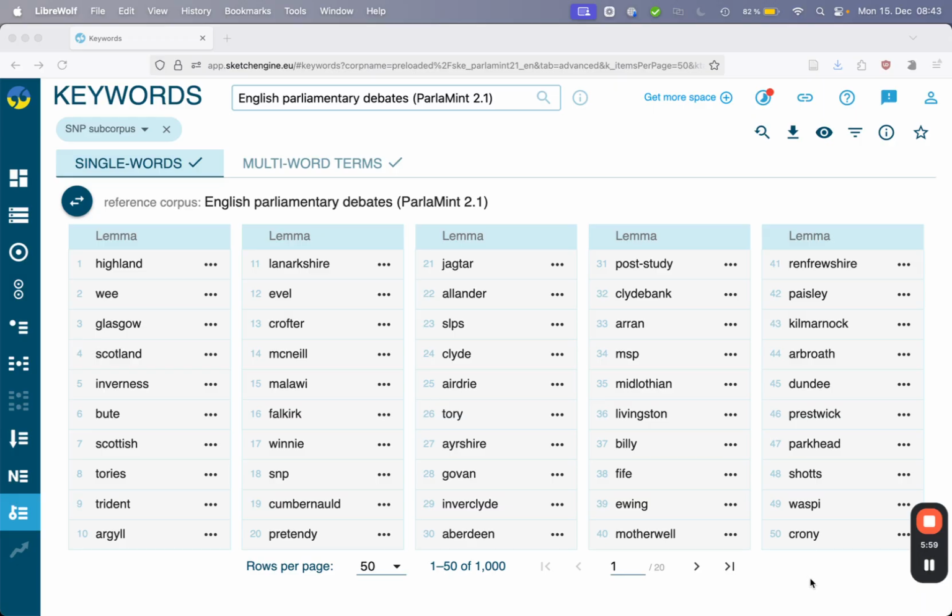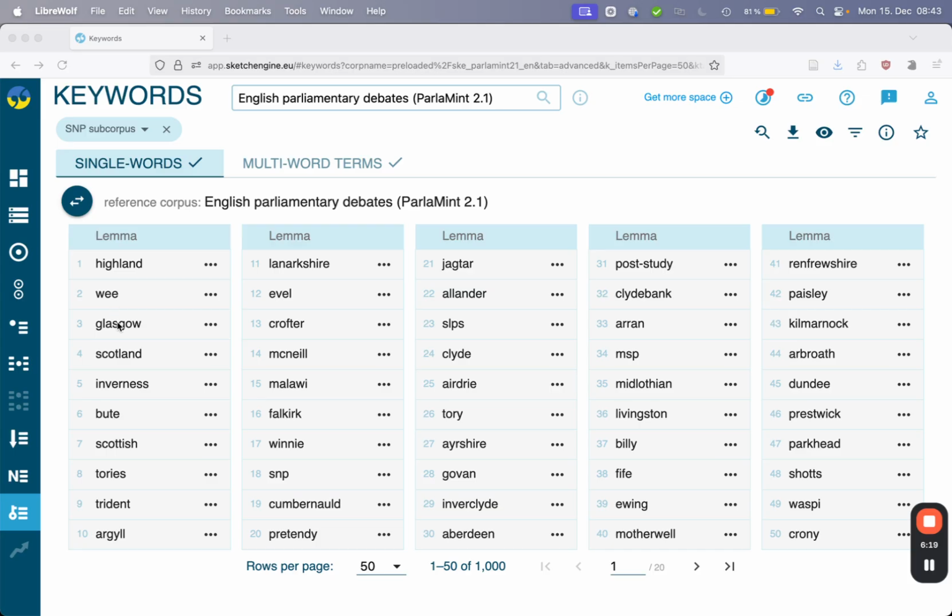Okay, so this took a couple of minutes, but we now have the results. And what you can see is that we have words that are clearly specific to Scotland, so the Highlands. We have the use of the word we, which is specific to Scottish and Irish English.